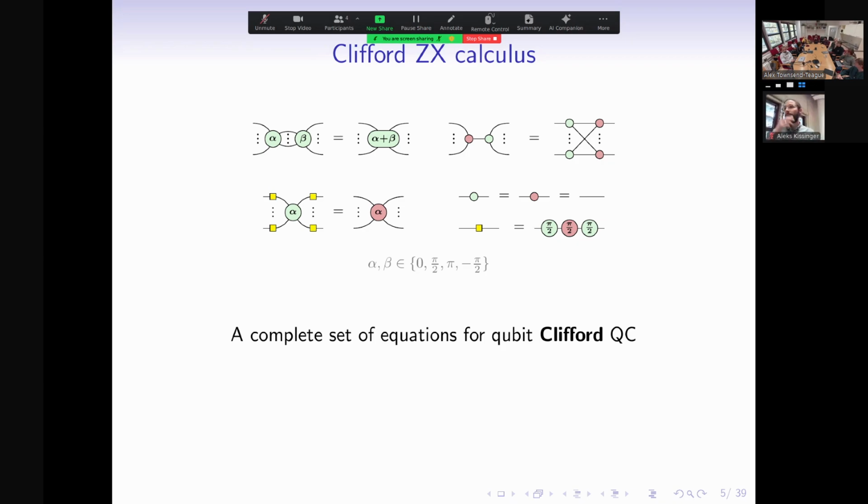So is this a one-to-one correspondence, as in any ZX diagram with phases multiples of pi over 2 corresponds to a Clifford operation and the other way around? Yeah, there's a couple of ways to say this. Any ZX diagram with this restriction, where the linear map is a unitary, can be transformed efficiently into a Clifford circuit.